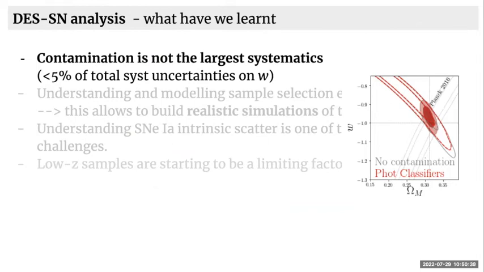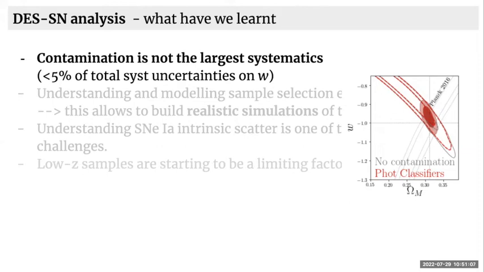Here in this plot that I didn't comment on before, I was showing the gray contours, which are estimated from a pure supernova 1A sample that has the properties of DES, while the red contours show what happens if I add contamination to that sample, implement photometric classifiers, and analyze that sample, including the fact that it might be contaminated.